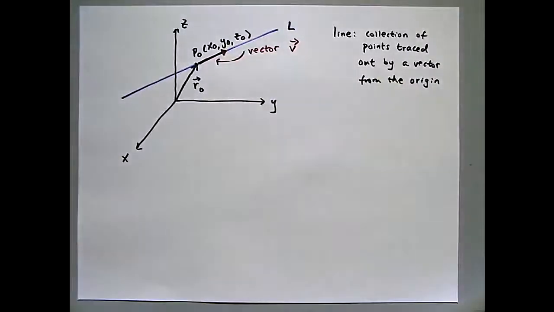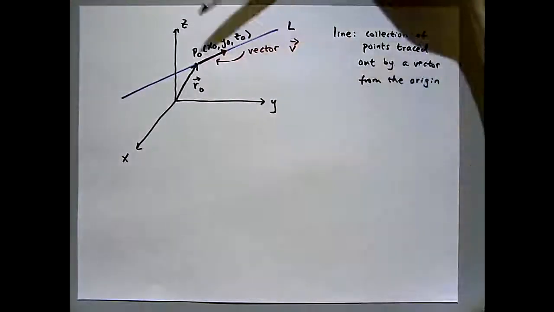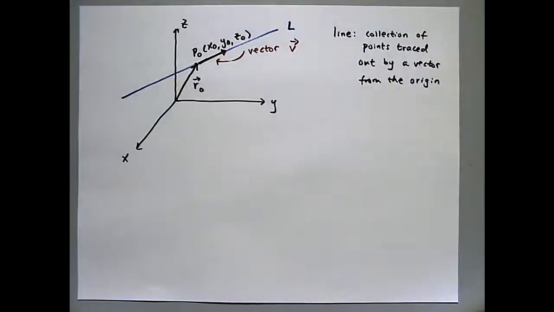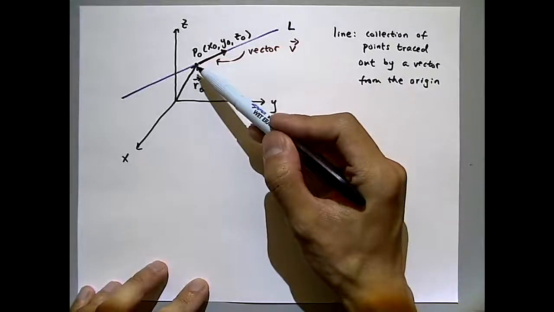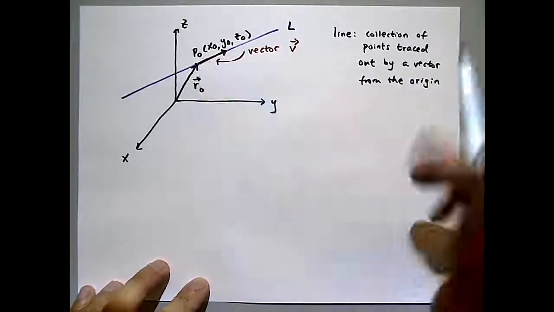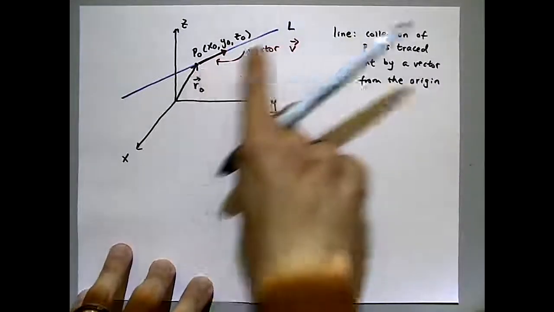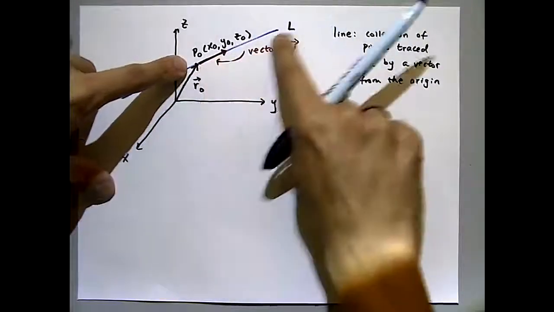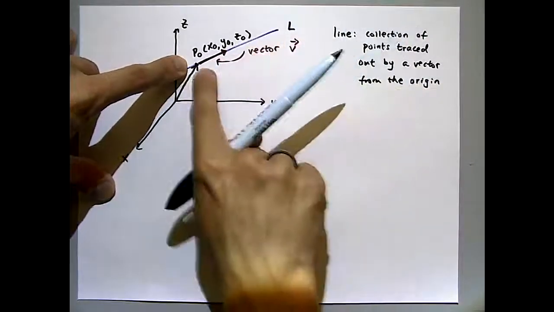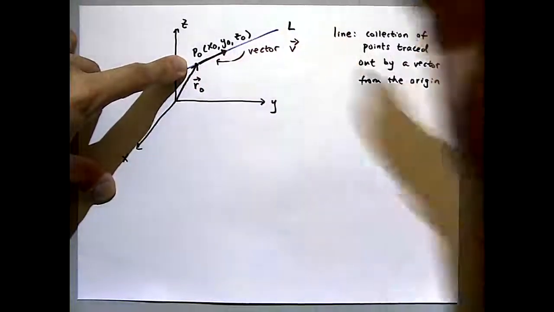So for example, the point that I know, this P0 point right here, is the tip of a vector r sub 0 coming from the origin, ending right at that point. Now to collect all of these other points here, I have to start adding another vector going in the same direction as the line, determined by this, but at different lengths.